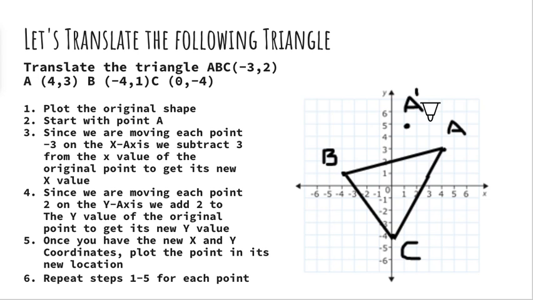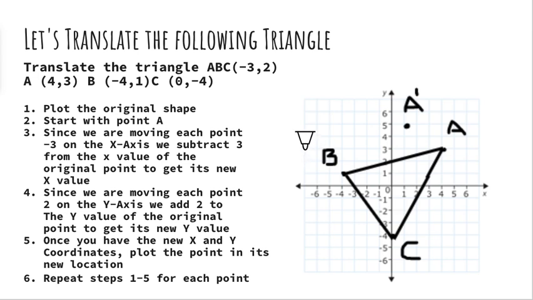Next, the same thing for point B. I'm going to move it 3 to the left because it's -3 on the x. 1, 2, 3. I'm right here on the edge, guys. And then 2 up because it's positive on the y. 1, 2.